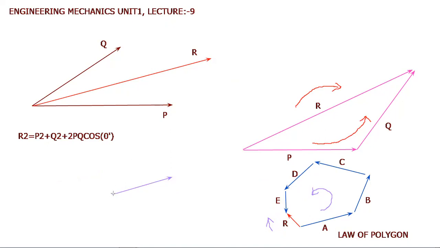This is A, this is B, this is C, the next force is D, and the last one is E. Now what is the common thing that you find in both these diagrams? All these forces are parallel to each other. You can notice this thing.